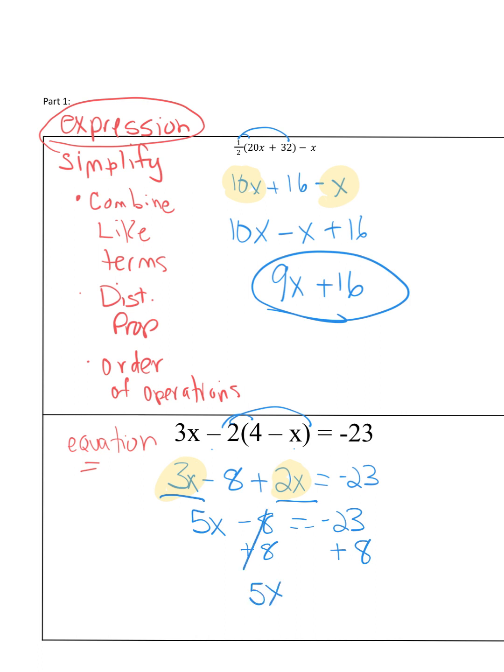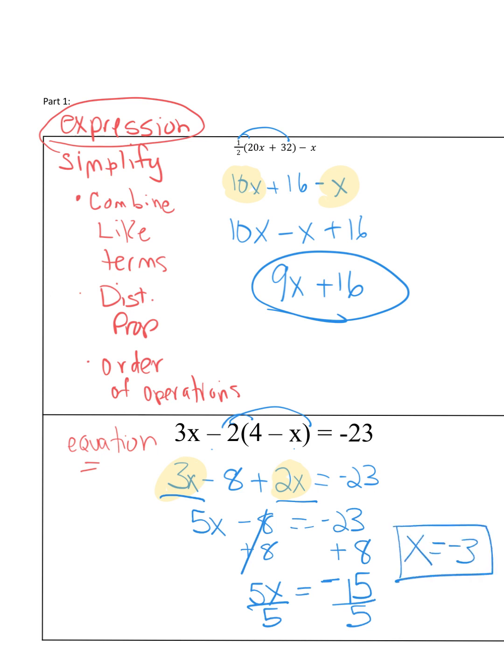The -8 and the +8 will cancel each other out. -23 and a +18 will give us a -15. And then if we have 5 times x, the inverse of multiplication is division, so we're going to divide, and we're going to get that x is equal to -3.